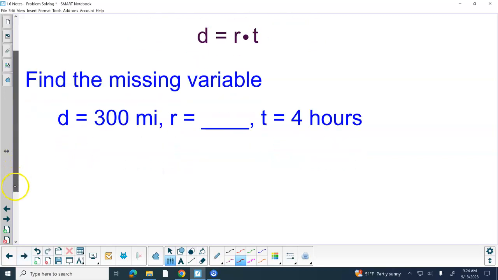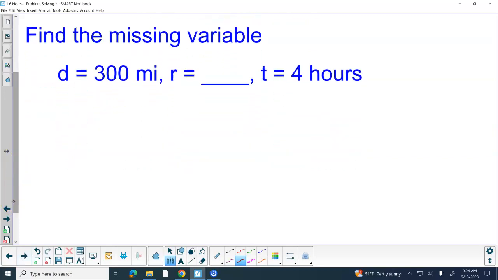So we'll start with our formula. D is 300. I don't know what R is, so it's going to stay R. T is 4.